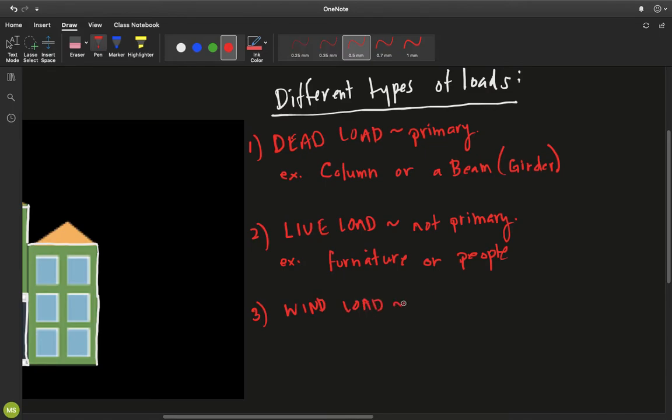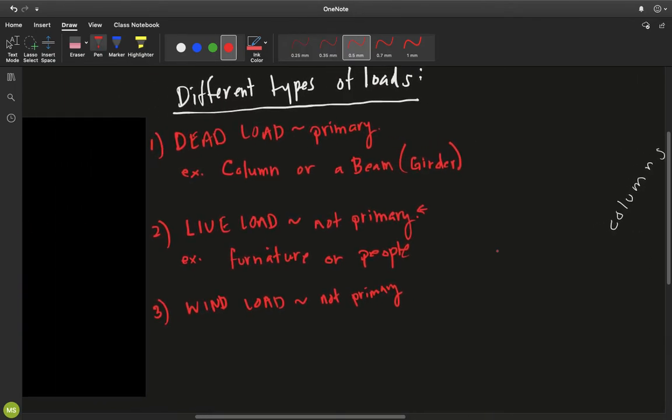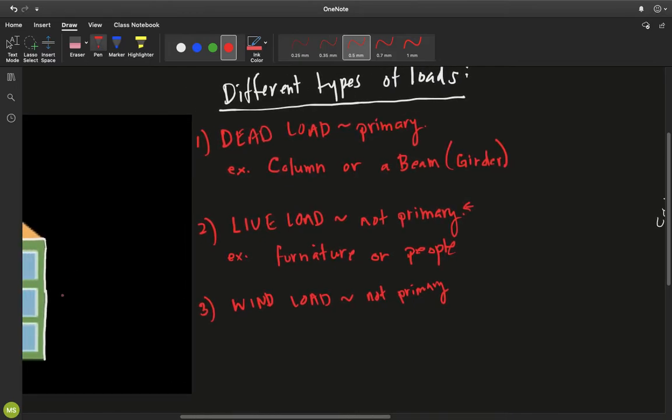And it's primary. It is actually not primary, as I wrote here. So not primary again. Excuse me. And this is essentially a factor which you have to consider for designing your structure.